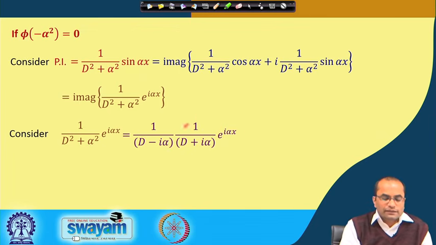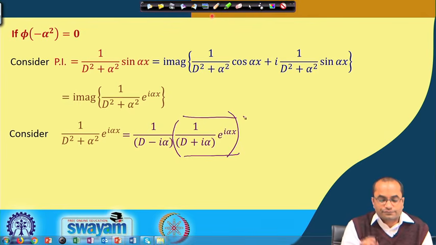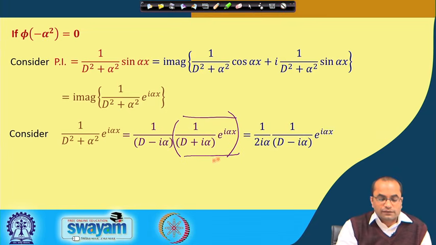And we already know how to apply this 1 over d plus I alpha, because here d will be replaced simply by the I alpha term. So, we will have 1 over 2 I alpha as a result of this operation here, and then the rest is 1 over d minus I alpha operated on e power I alpha x, and this 1 over 2 I alpha we have taken out of this operation.